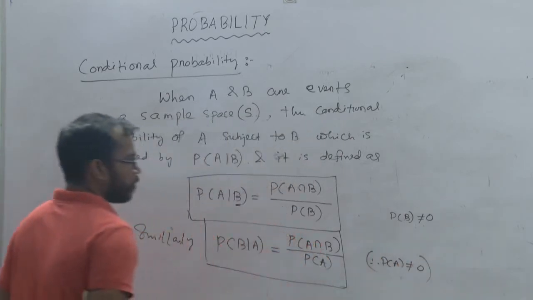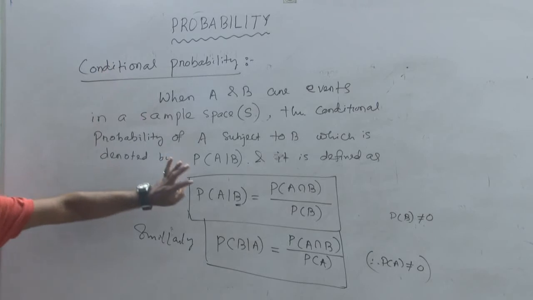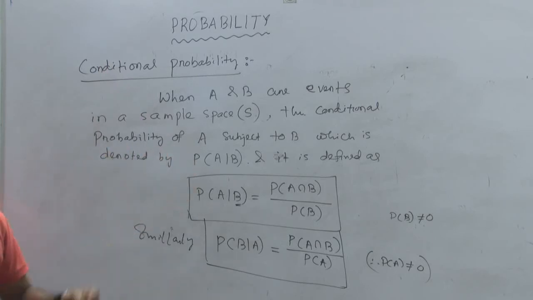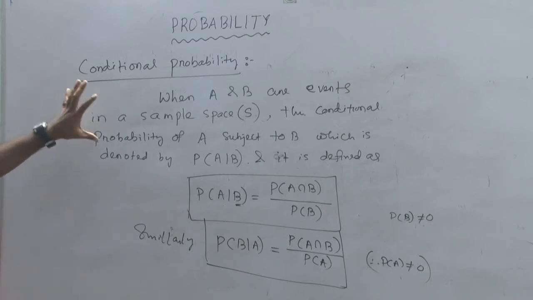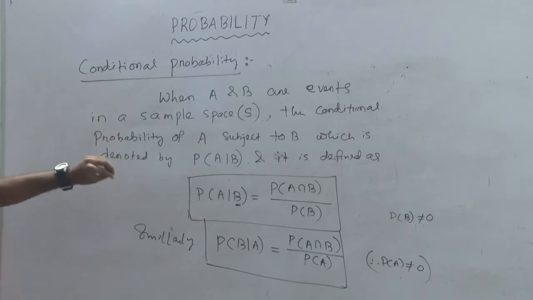So this is the formula for probability of A subject to B, and probability of B subject to A.